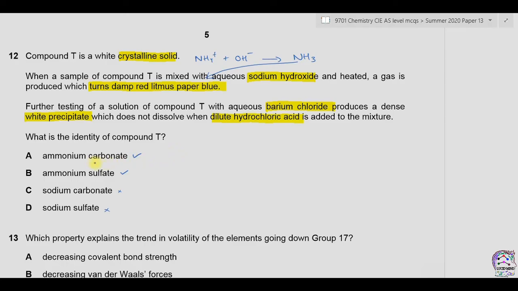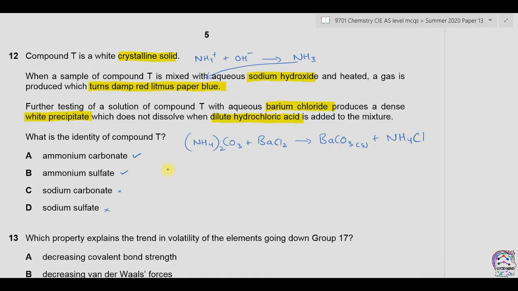Now let's find out the reaction of ammonium carbonate and ammonium sulfate with barium chloride. We have ammonium carbonate plus barium chloride. It will form barium carbonate solid and ammonium chloride salt.